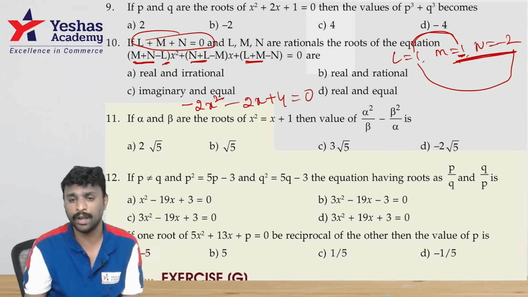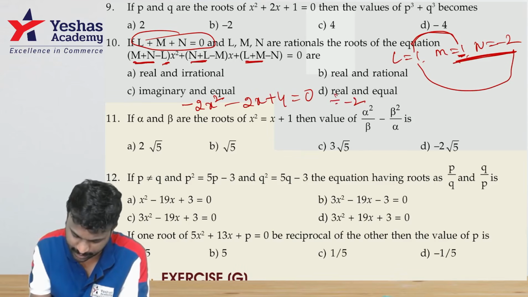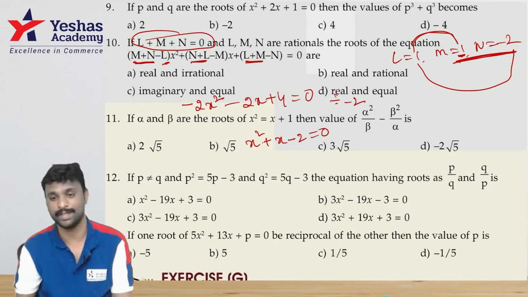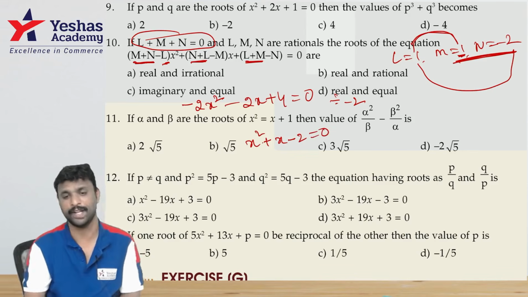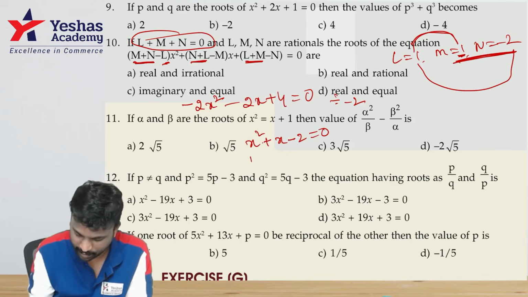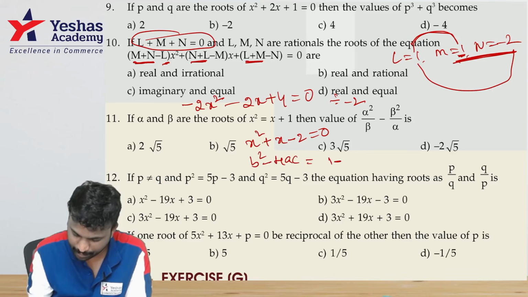Guys, you can divide this by minus 2, correct? So x square plus x minus 2 equal to 0. Now, is b square equal to 4ac? Definitely b square is not equal to 4ac. First of all, check b square minus 4ac. B value is 1, 1 square is 1, minus 4 into a is 1 and c is minus 2.